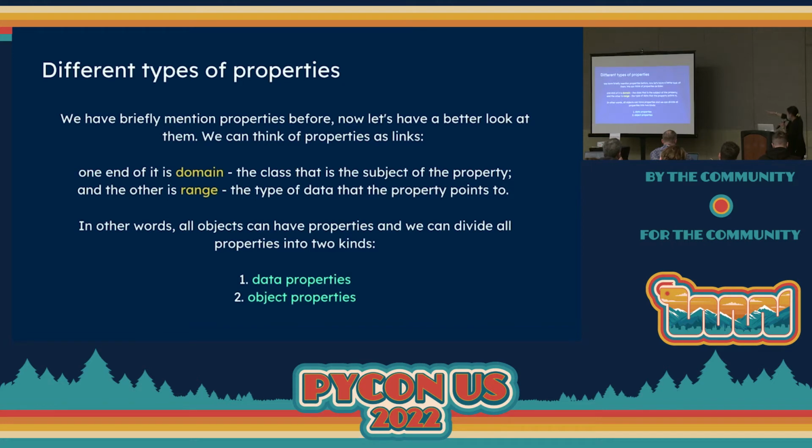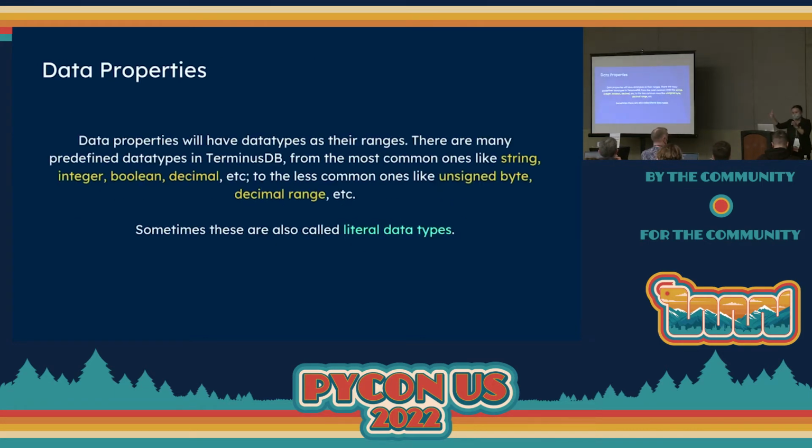So it comes down to two things, which makes it more complicated: data properties and object properties. A data property means the values are just data. We call them data types. It's just text, like string, or just numbers, like integer or decimal, or booleans. It can be more complicated, like an unsigned integer or something like that.